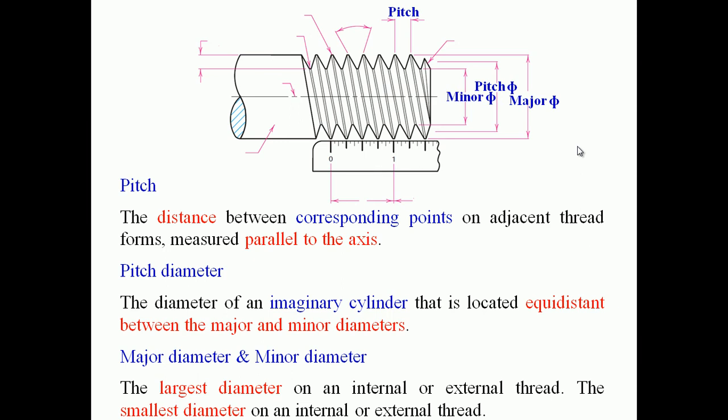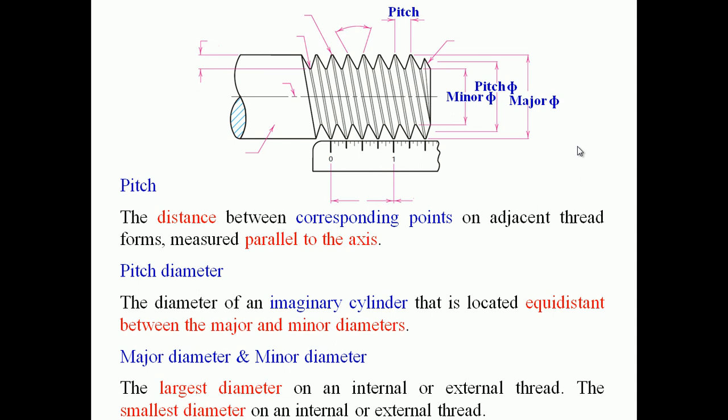Again, we can recollect. Pitch means the distance between corresponding points on adjacent thread forms, measured parallel to the axis. The pitch diameter is the diameter of an imaginary cylinder that is located equidistant between the major and minor diameter.